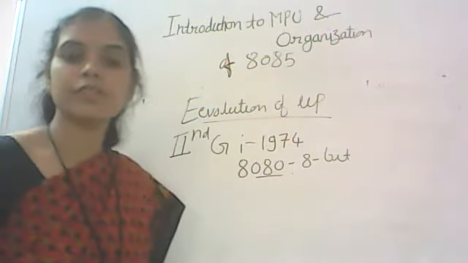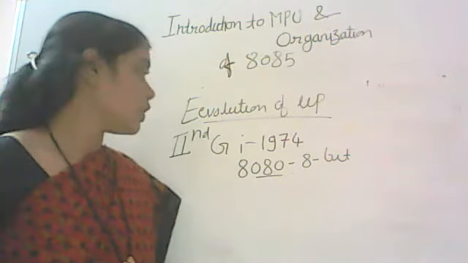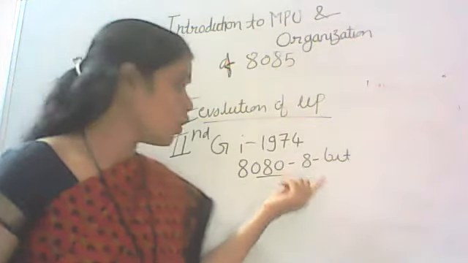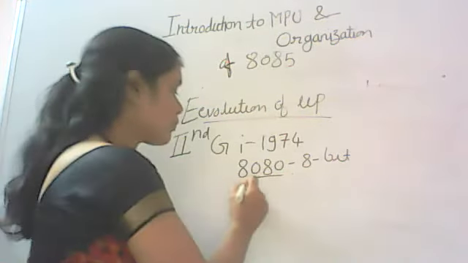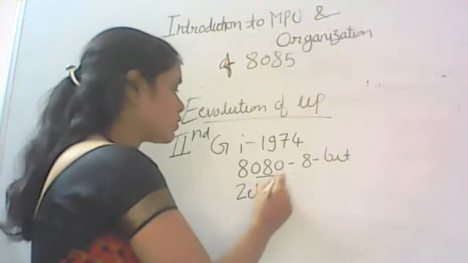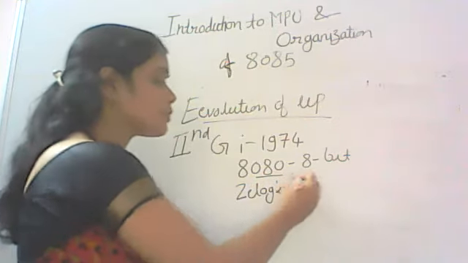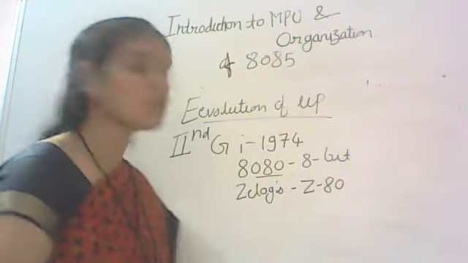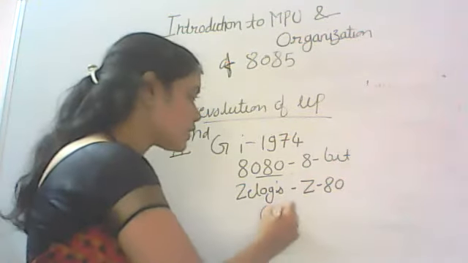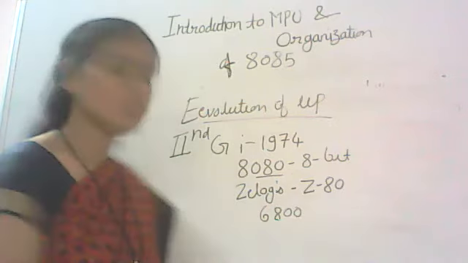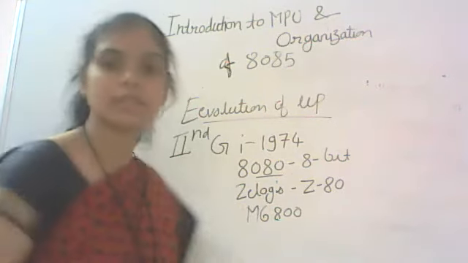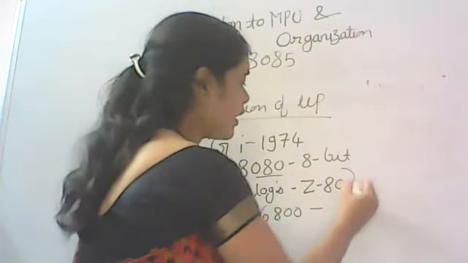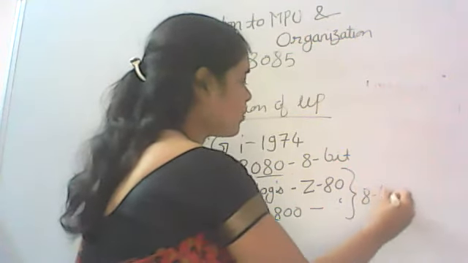Zilog also introduced the Z80, which is also an 8-bit microprocessor, and Motorola introduced the M6800. These are 8-bit microprocessors.